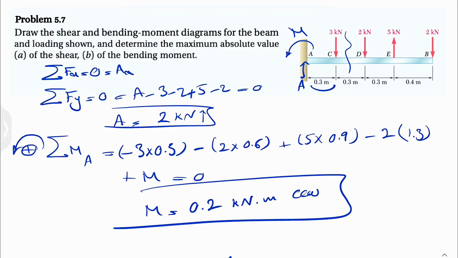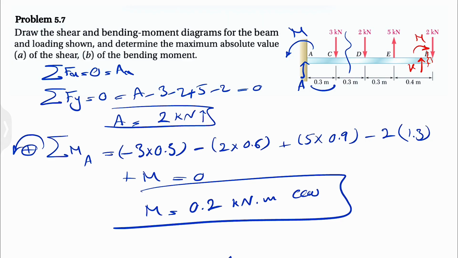One alternative, we talked about this in the previous video. For the last section, basically we are doing this section in this part, so you can consider the right side or the left side. It's easier to go with the right side because we don't need to go over whatever we have in the left side. You just have to watch for the sign convention. This is going to be our V, and moment is going to be clockwise.